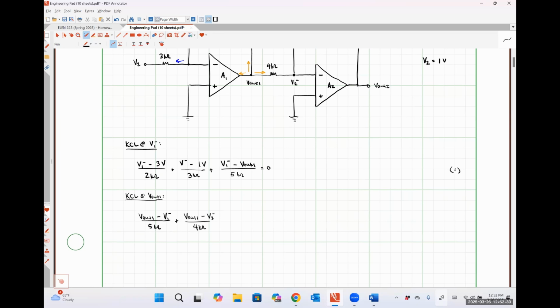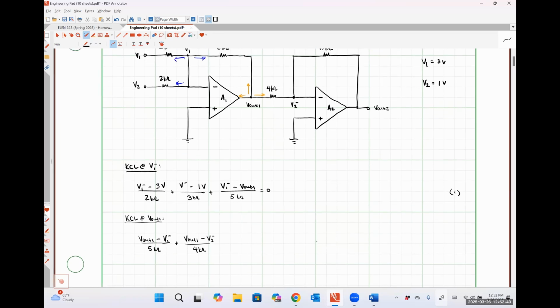So we don't have any real reason to assume that that current is zero. If we're using the ideal op-amp model, because we have negative feedback circuits here, I haven't specified open loop gain, input resistance, or output resistance or anything. Essentially, we just can't apply KCL at this node because we're not provided enough information.